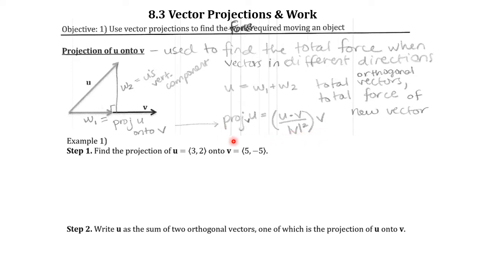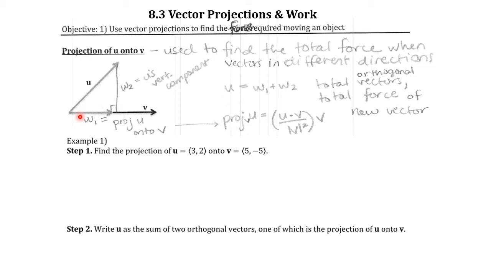Make sure you write that down. And what happens is we take that U vector and project it down onto the V and make this new W vector. So this W vector is the projection.